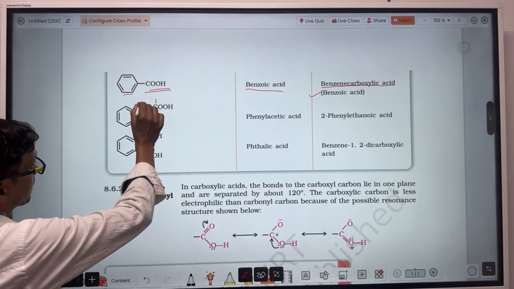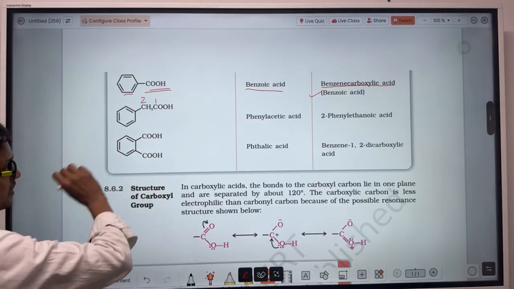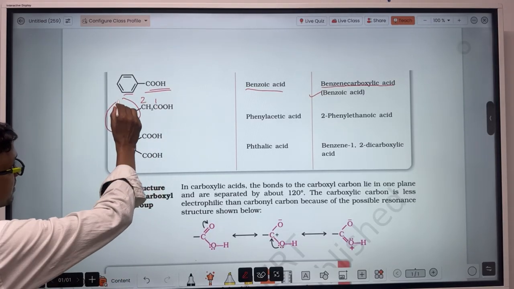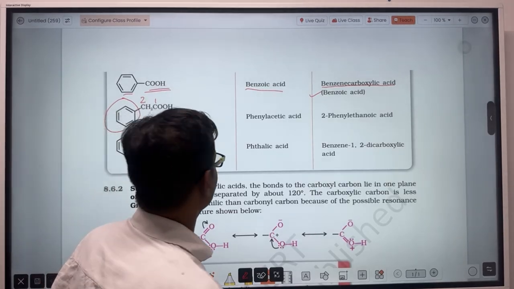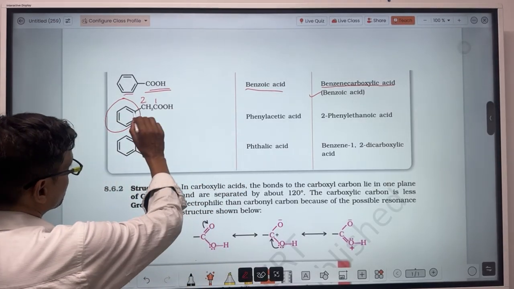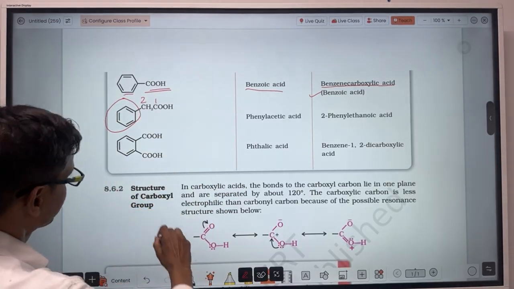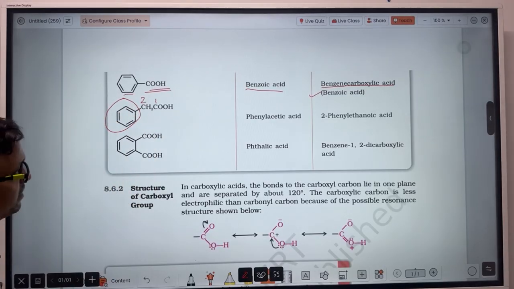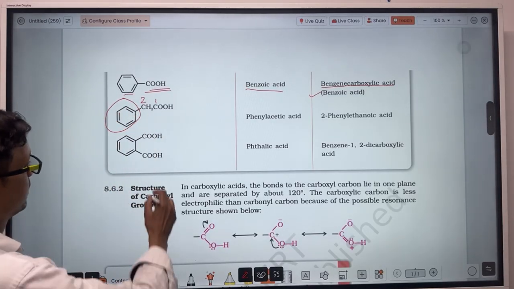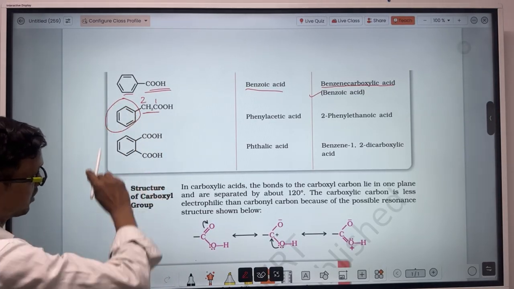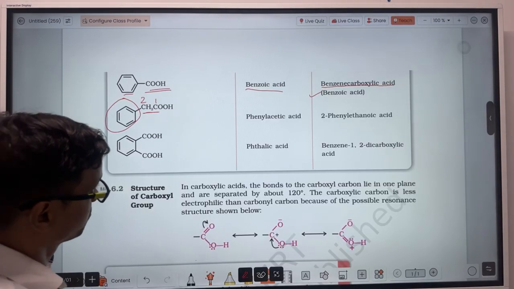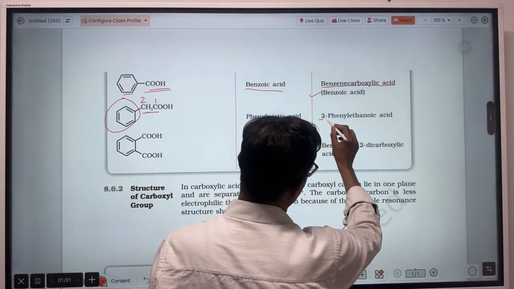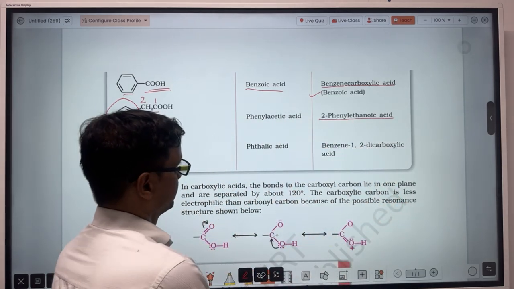So this one will be the first carbon and this will be the second carbon, and this phenyl is not included in the main chain. That's why here we will write 2-phenyl. At the second position the substituent is phenyl. Since it is of 2 carbons, it is ethanoic acid. So the name is 2-phenyl ethanoic acid.